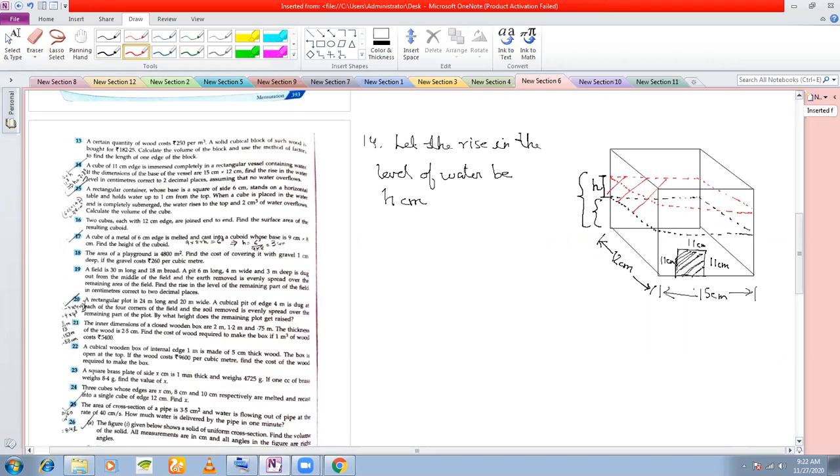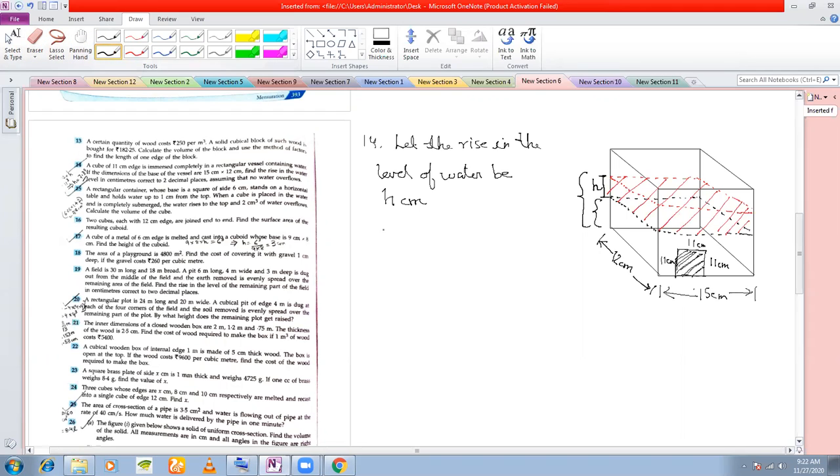This is a cuboidal column, right or wrong? This water column is cuboidal or not? Yes, sir. The volume of this cube must be equal to this cuboidal column of water. That is the principle on which this sum will work.